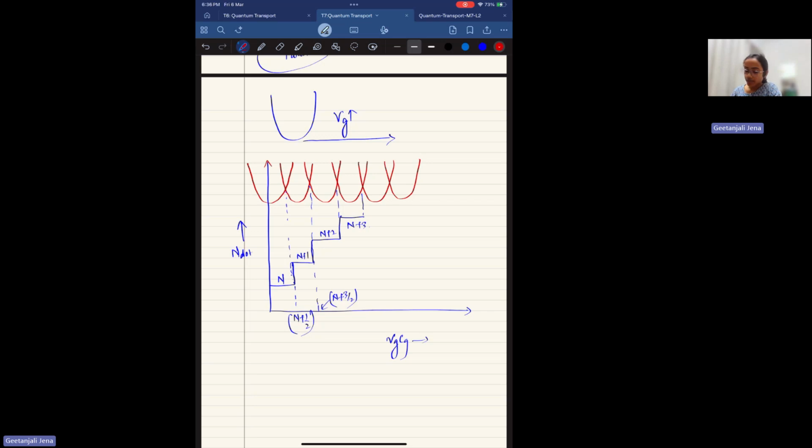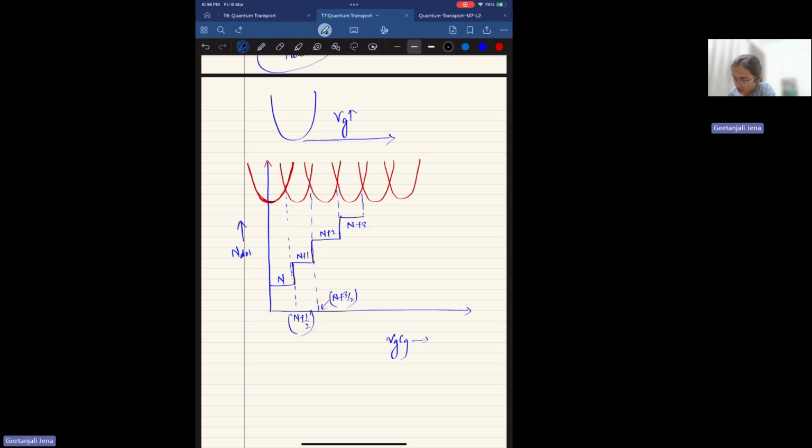So initially let's say we have zero voltage. For that case, the parabola is centered at zero voltage on the y-axis, and the minimum is around n dot, which is equal to n. Now when we increase the voltage, what will happen?